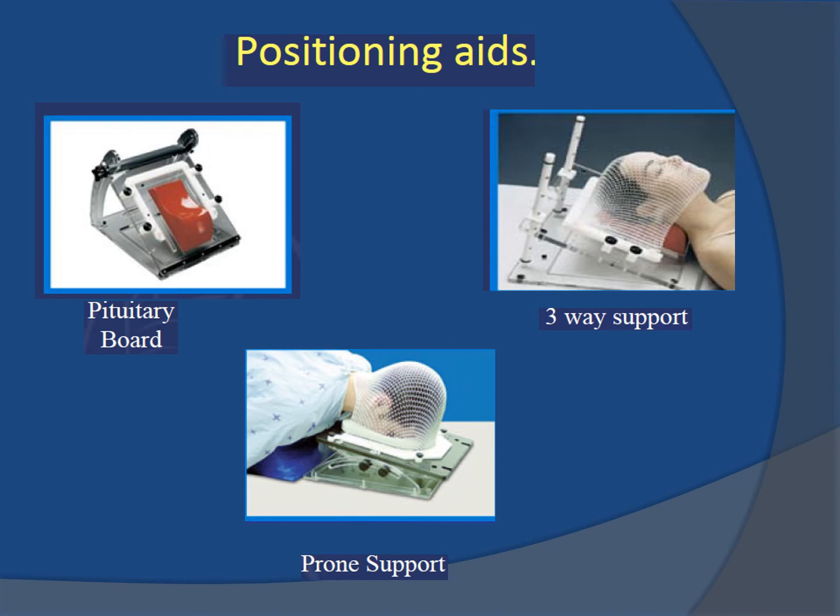As you see here, pituitary port for pituitary tumor, 3-way support. It is a thermoplastic face mask, to fix the patient during the setting of radiotherapy in head and neck tumor and brain tumor. Prone support is used in posterior fossa tumor.